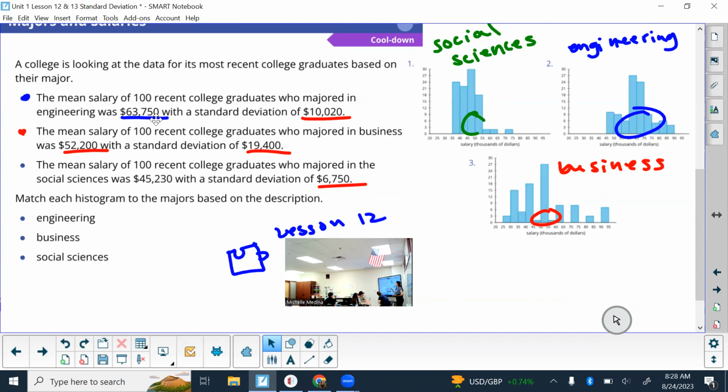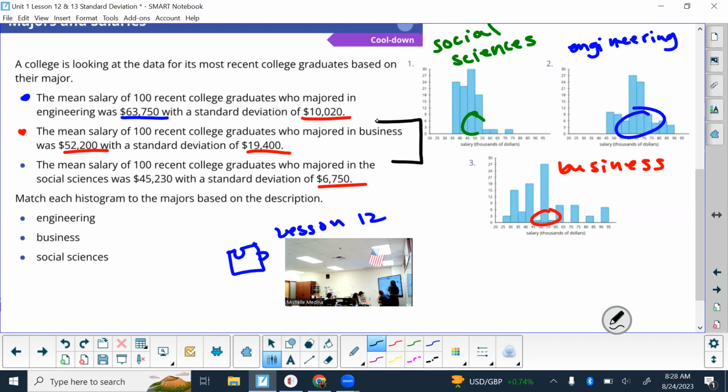And then in the other direction, like 54,000, 44,000. That's what we mean when we say it differs by about 10,000. Does that make sense? So then, when we're comparing the standard deviations, the business majors have the highest.